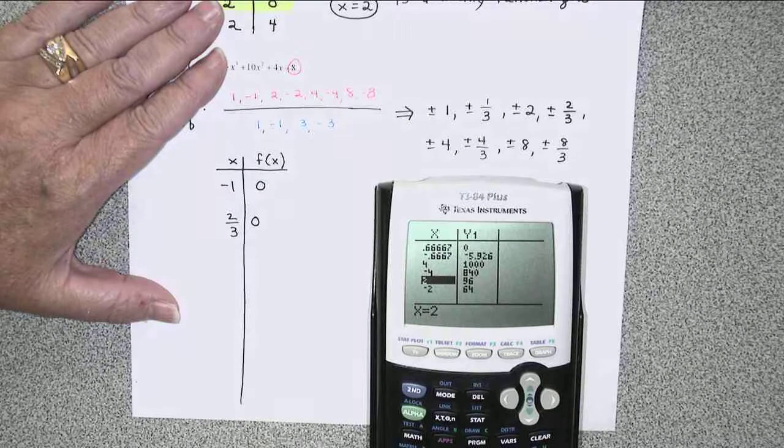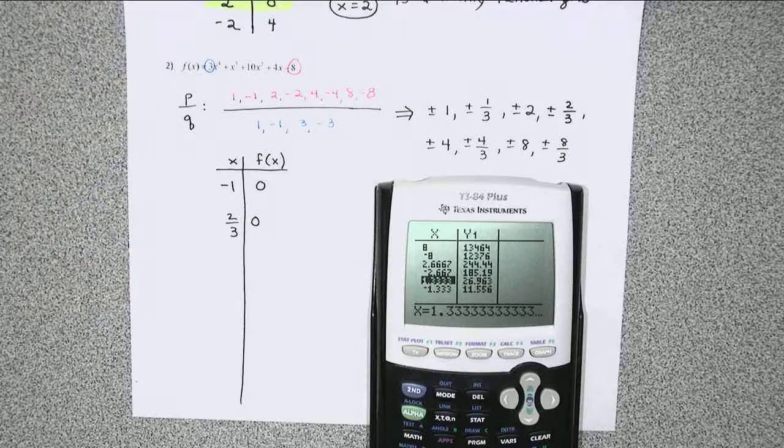Neither of those worked. 4/3 and negative 4/3. Neither of those worked. And coming back up, 8 and negative 8. No zeros there. 8/3 and negative 8/3. No zeros there.